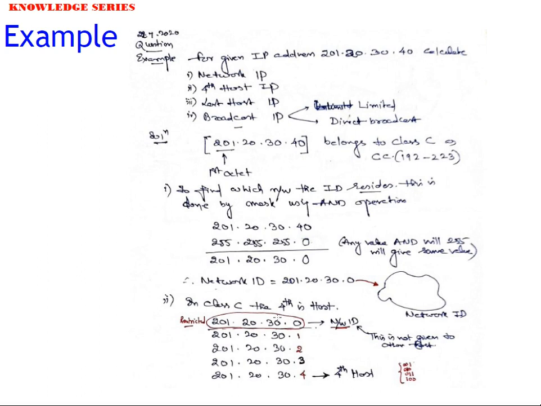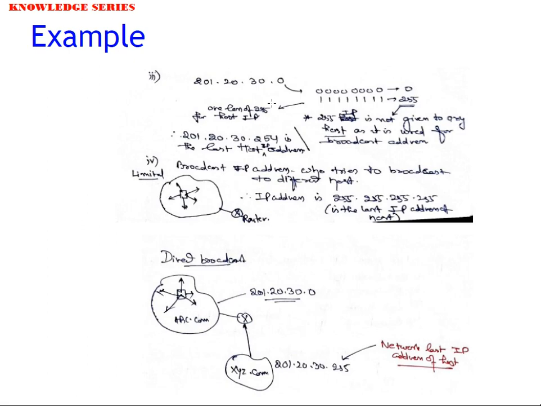So how will you know? This ID is the network ID. This you cannot touch. So you can start with 1, 2, 3, 4. So this is your fourth host ID. And what is the last host ID? How will you be able to find that out? To find the last ID, you have to go up to 255.